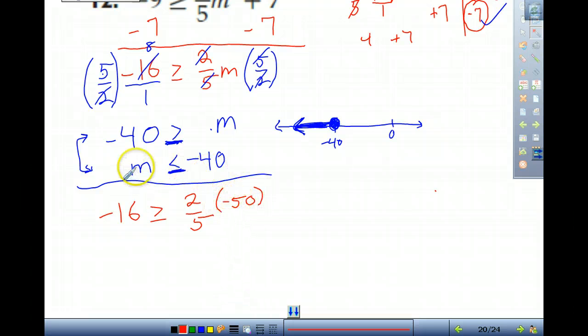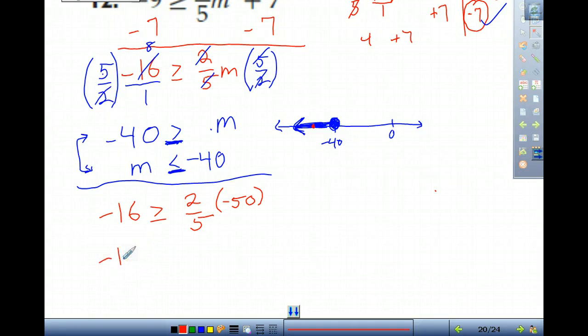Is negative 50 less than negative 40? Is negative 50 over here somewhere? Yeah, so negative 50 is an answer. Negative 50 would be right here. I could have chosen negative 45, negative 41, or any of these numbers. I'm just picking a number that will divide by 5 really easily. So you can make your life easier and pick numbers that divide easily.